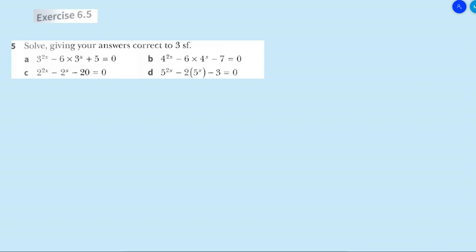Solve, giving your answer correct to three significant figures. Same question, just like question number 4.